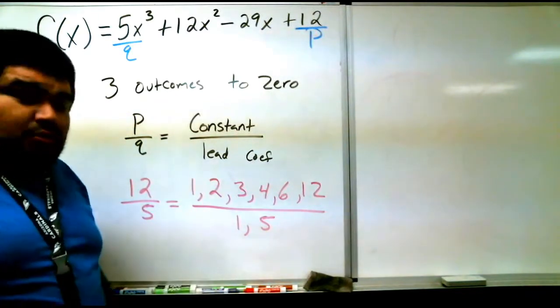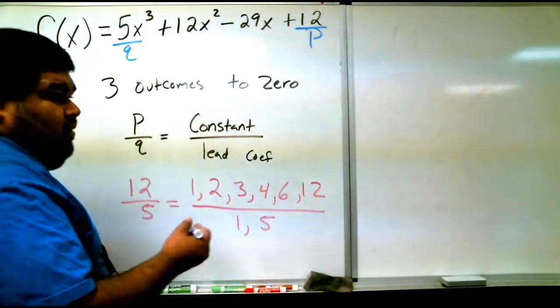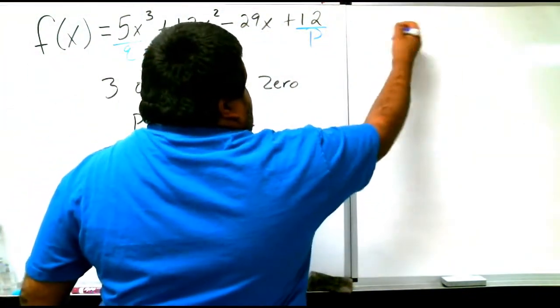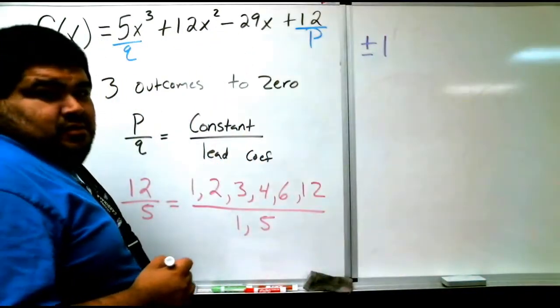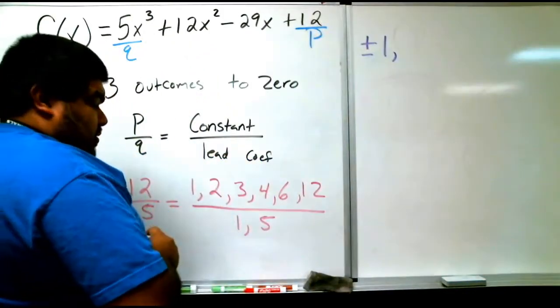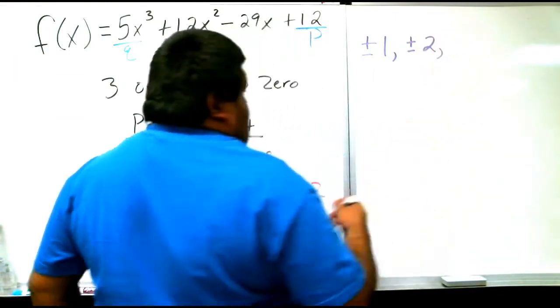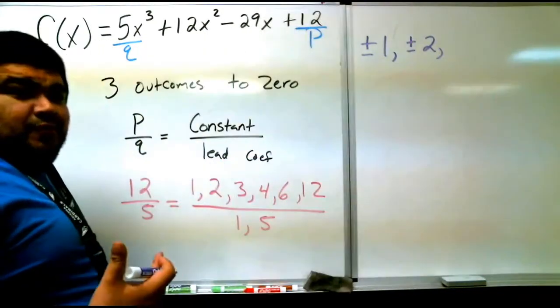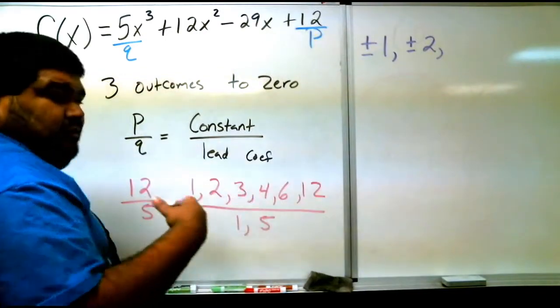So we have 1 can go into 1 one time. But remember, it's plus and minus 1. Then we have 1 can go into 2 two times, so plus and minus 2. And obviously, to skip a little forward on this video, because it's pretty much a review, 1 can go into all of these one time.